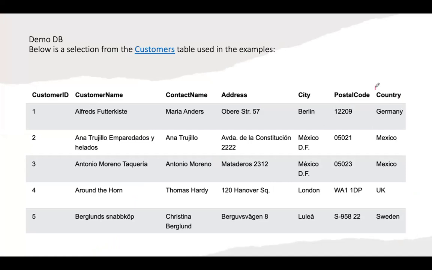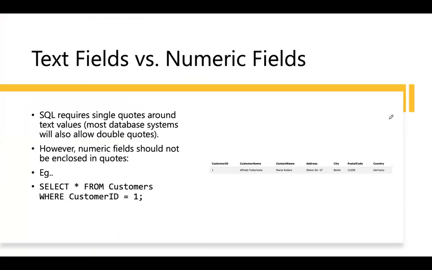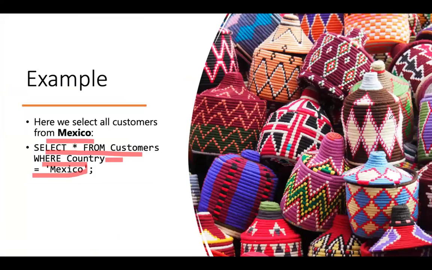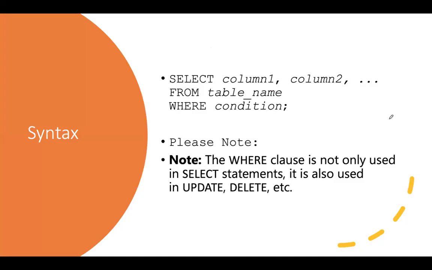When you look at the column for country, we have people who come from Sweden, UK, Mexico, and Germany. Now, the moment we say select all from customers, this select all refers to columns, meaning it is going to return all columns. Then where country equals Mexico, meaning it is going to return to you only those people whose country is Mexico. You get?